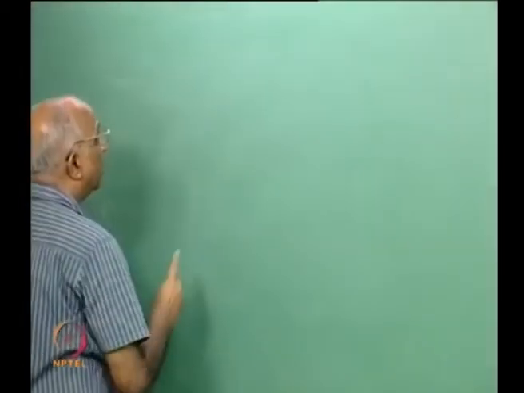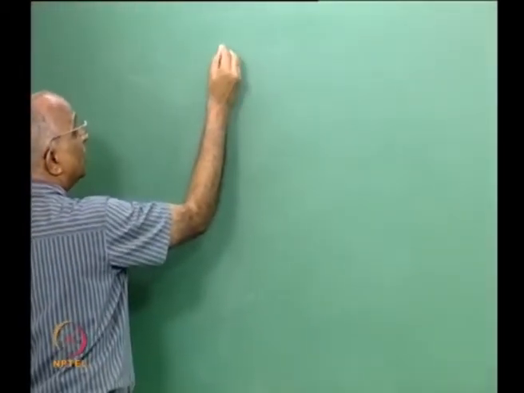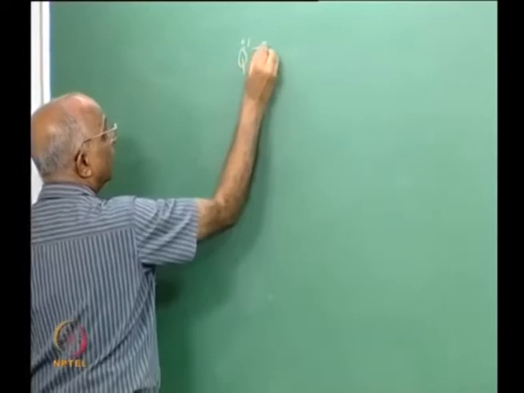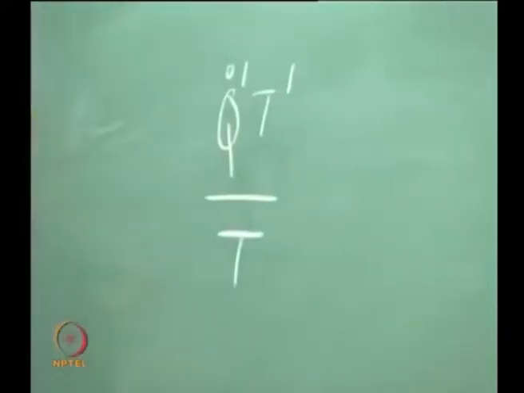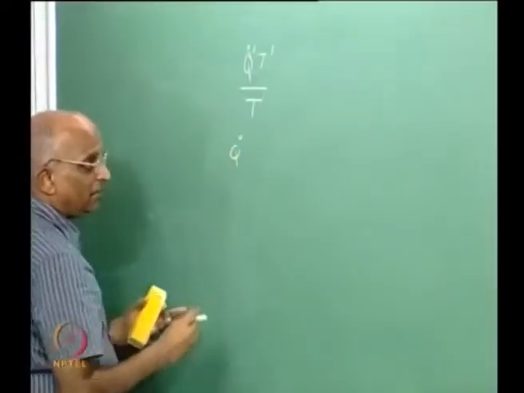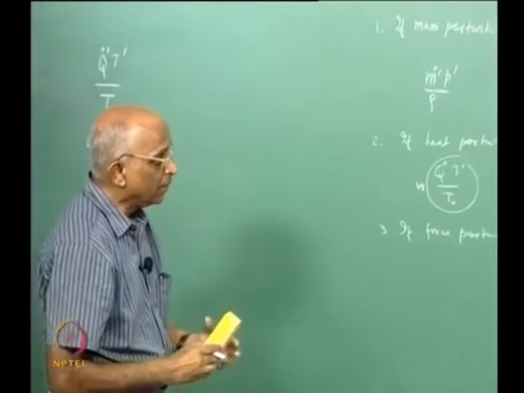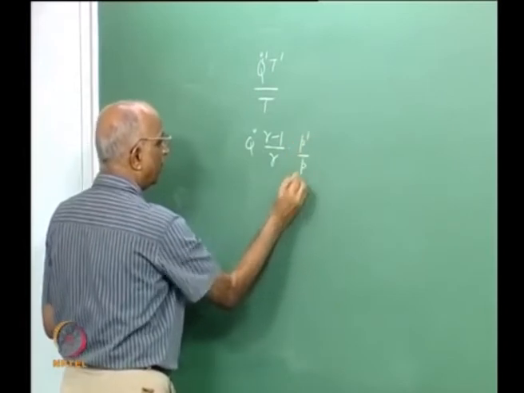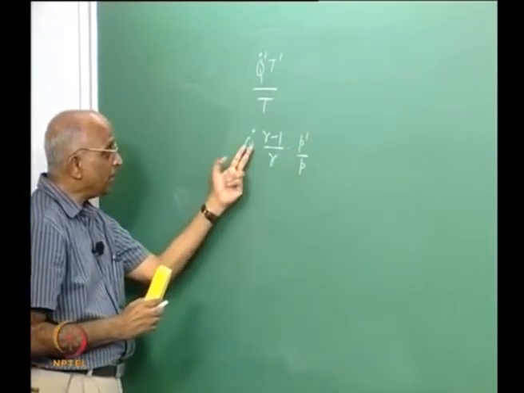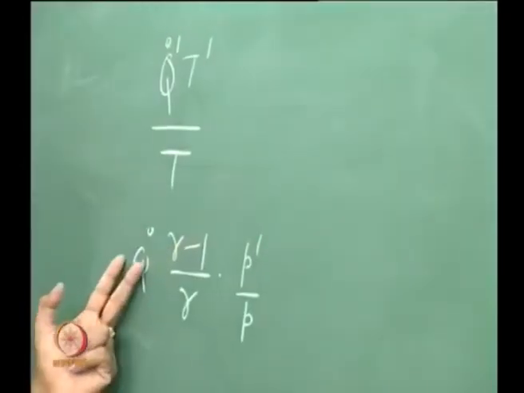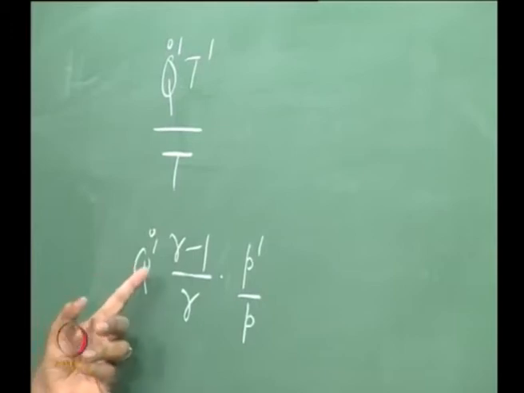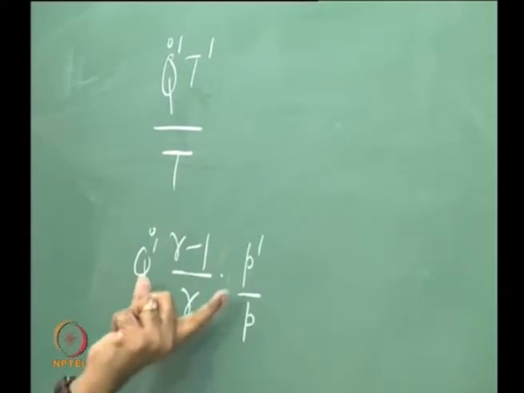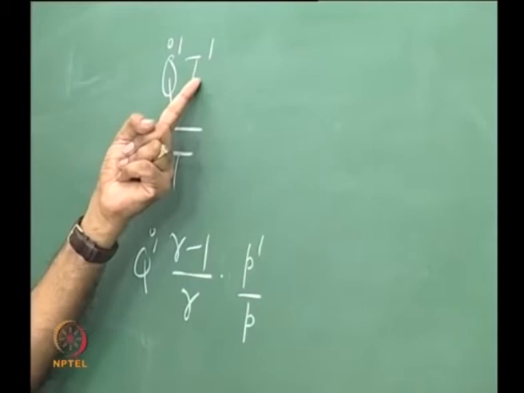That the value of sigma, or the energizing parameter, is equal to something like, we talk in terms of Q prime into T prime divided by T, and therefore now I say Q prime, and I take the value of T prime as I get here, T prime by T is equal to gamma minus 1 by gamma into P prime by P. And therefore now I find heat release, when there is a perturbation in heat release in phase with the changes or perturbation in pressure, would also cause an oscillation just the same way as heat release in conjunction with temperature will cause.